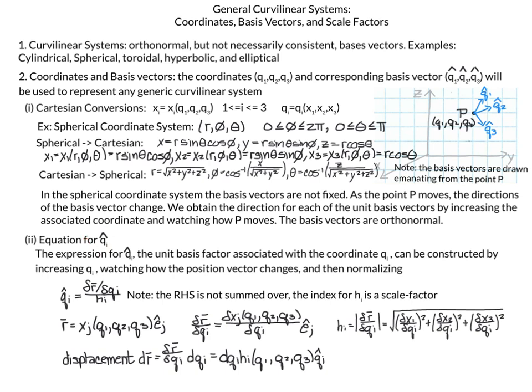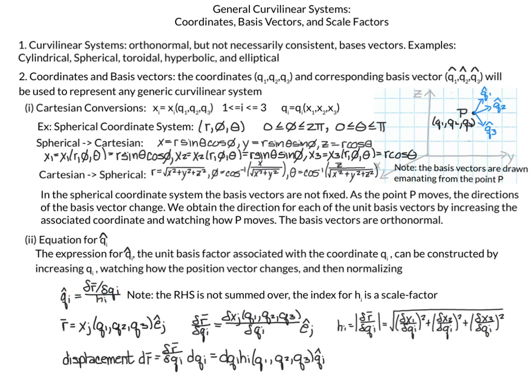And then finally, probably the most important new thing we did here, is we figured out the basis vector for q sub i. We said that we construct that by increasing q sub i and watching how the position vector changes, and then normalizing. So we looked at dr dqi, and then we normalized with the scaling factor h sub i. Remember, h sub i is just noting the scaling factor for the ith coordinate, so this isn't supposed to be summed over anything.